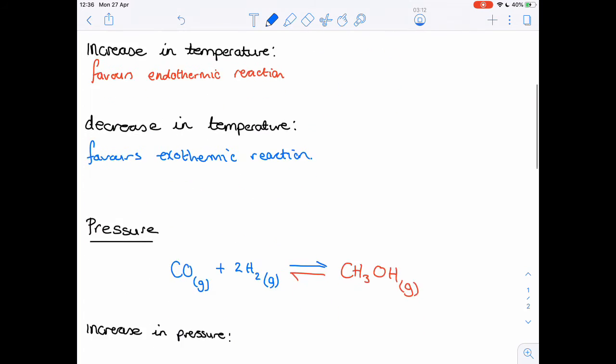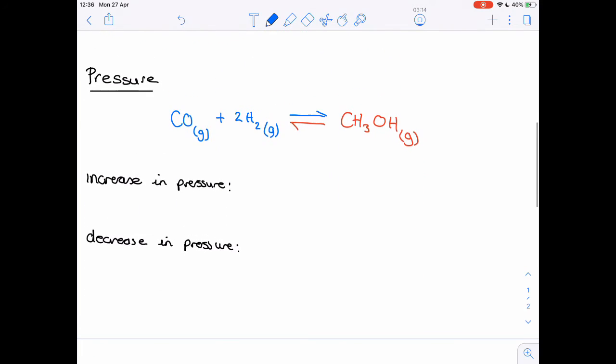And for pressure, it's a little bit different. I've changed the equation because it has to be an equation with gas particles in it, because you can only change pressure in gases. So if we were to increase the pressure of this system, what's going to happen? It's going to shift to the side which has fewer moles of gas.